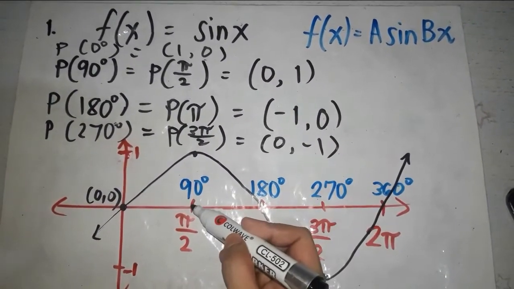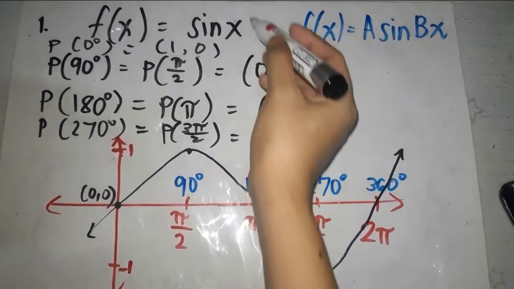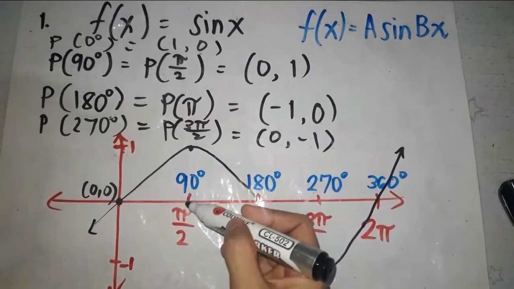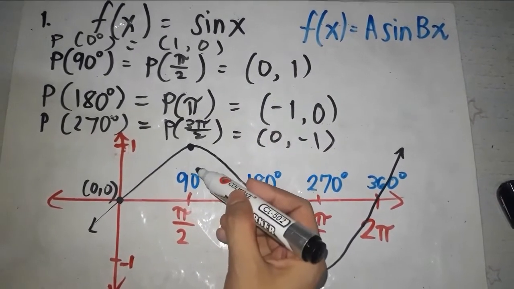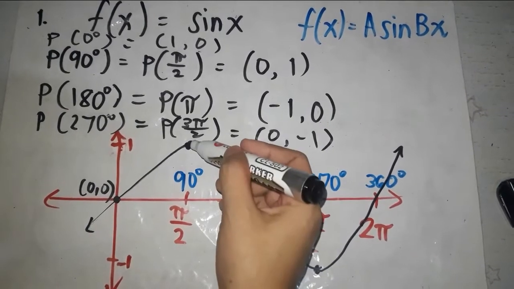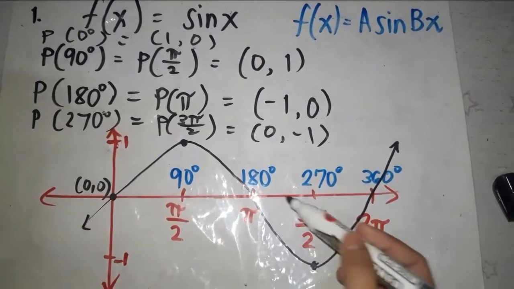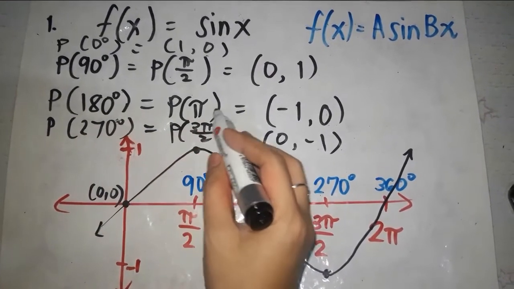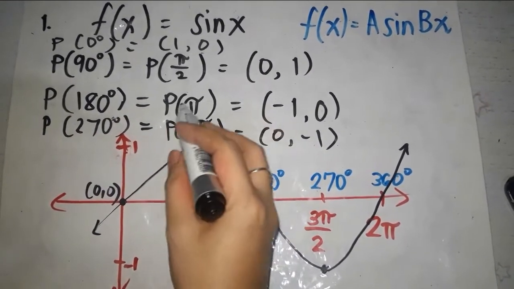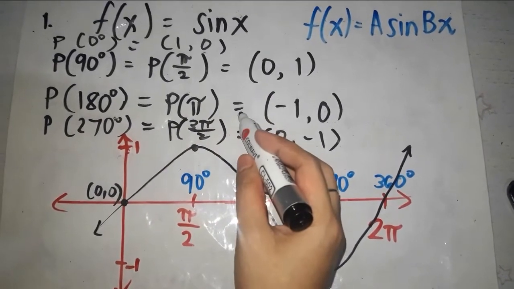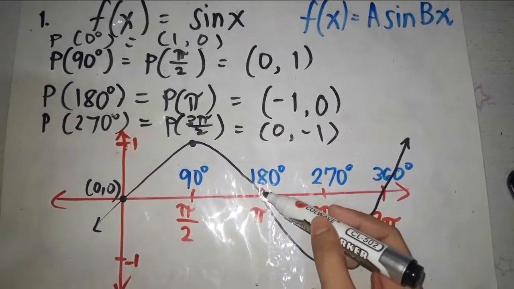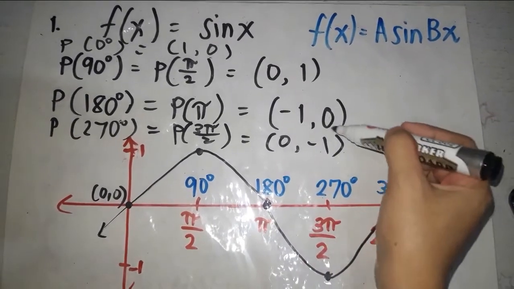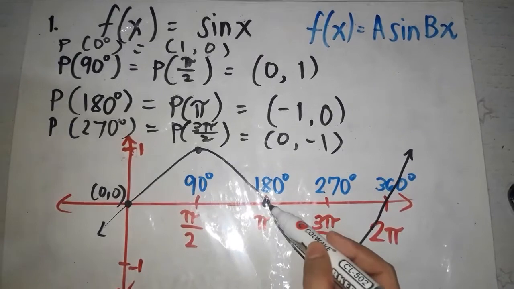So when x, or the angle, is 90 degrees, y is 1. So we have this point. We have pi over 2 and 1, or 90 degrees and 1. Next, we have P of 180 degrees, or P of pi. The coordinates are -1 and 0. Since this is pi, or 180 degrees, and the value of y is 0, we have it at the x-axis.